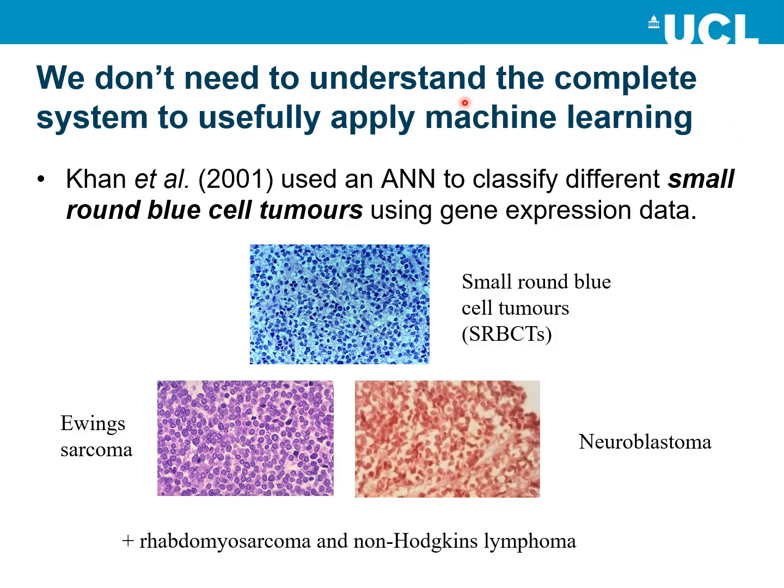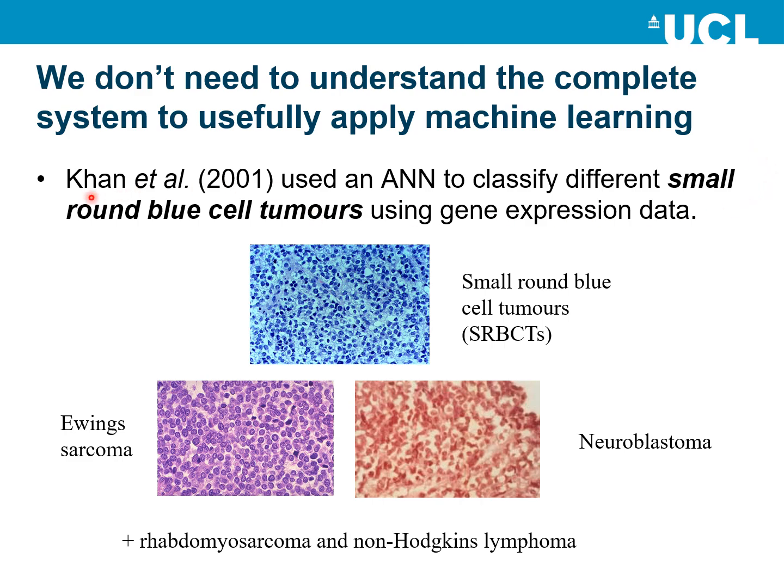But in a way, we don't need that understanding to be able to apply machine learning in a useful manner, because machine learning can pick out patterns within the biological data. We don't need a mechanistic understanding. It helps if we incorporate prior knowledge of what we do understand, but it doesn't need to be complete.